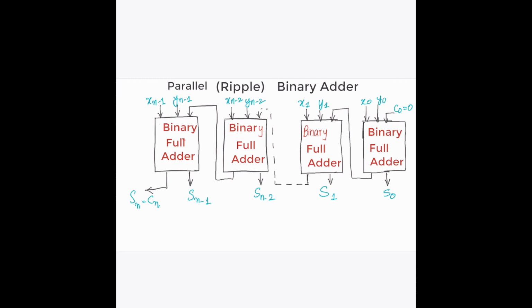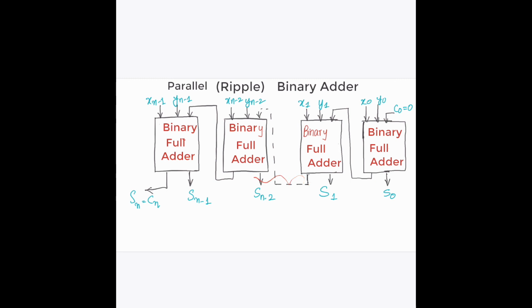Now this network is prone to a ripple effect, in that a carry out generated at the ith bit position can affect the sum bits at the higher order bit positions. So the output at this point depends on the carry bit from the first full adder. If there is a delay in generating this carry in the first full adder, surely this output will also be delayed.